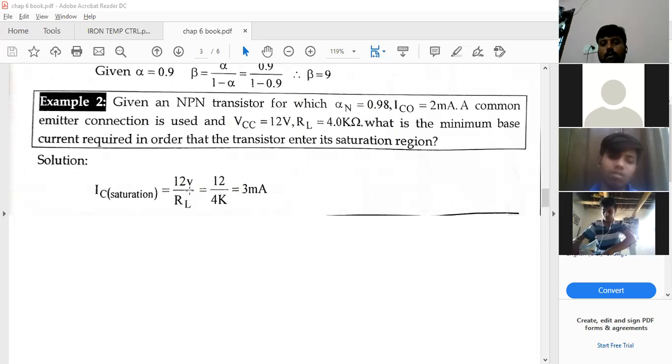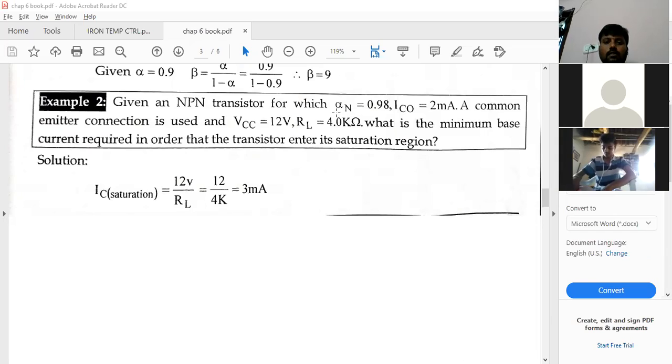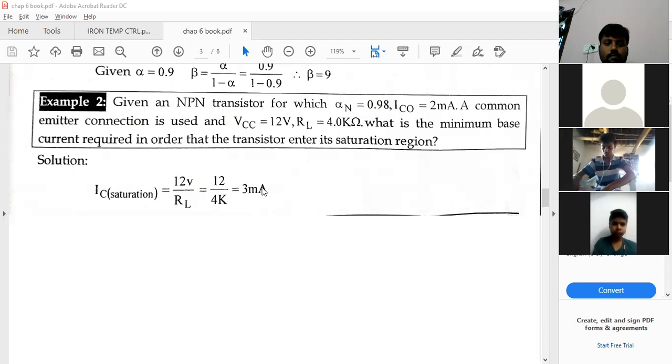VCC is 12 volts and RL is 4 kilo ohms. So we have got IC as 3 milliamps.